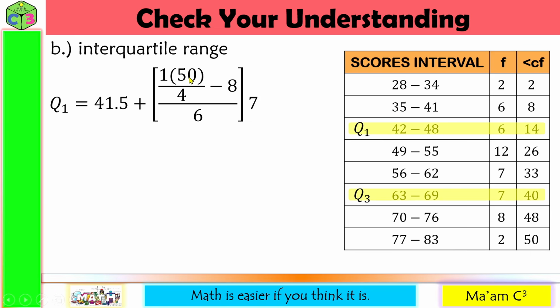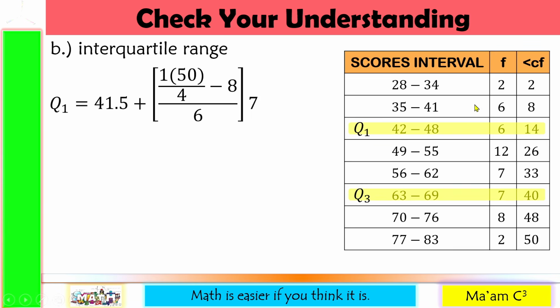This is our n, 50, divided by 4. Now, minus 8, because this is the less than cumulative frequency previous to the first quartile class. Take note, previous, since this is arranged in ascending order. So, the class previous to the first quartile class is this one.